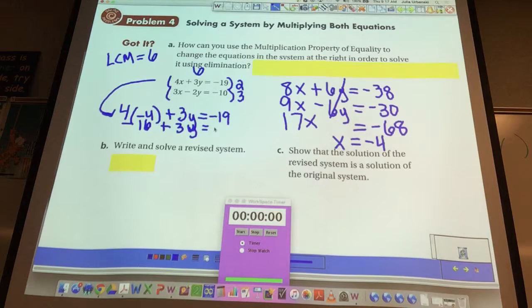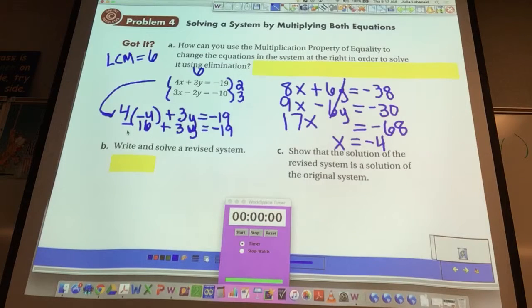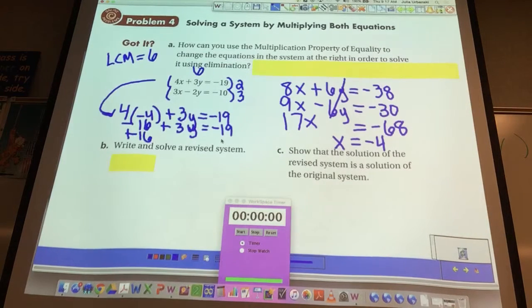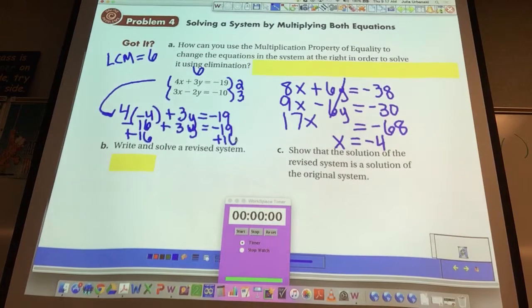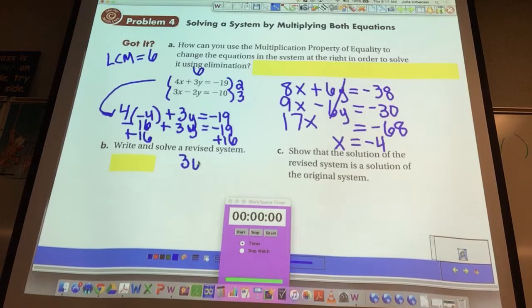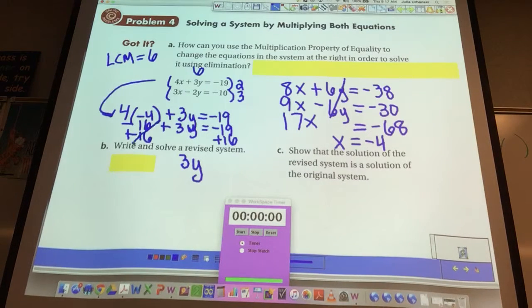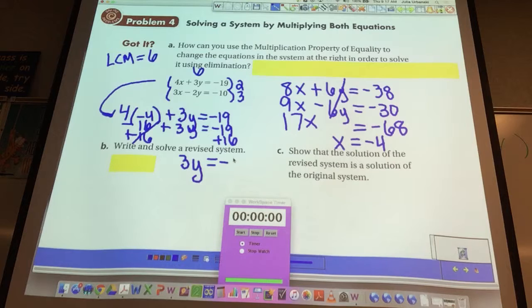We've got a disagreement here, so let's see which one it is. You add 16 to both sides, and you end up with negative 3, right? 3y equals negative 3, so y equals negative 1.